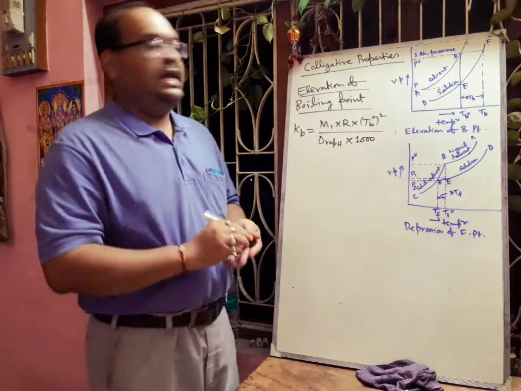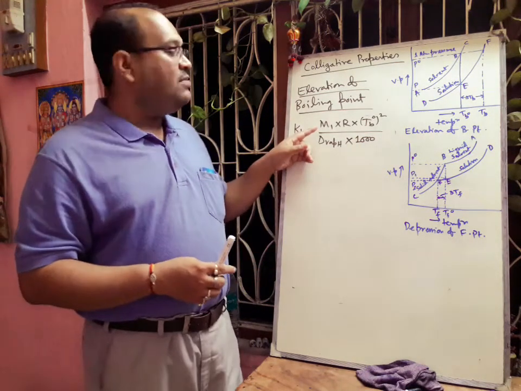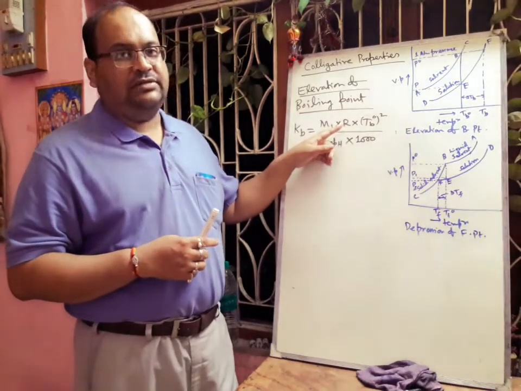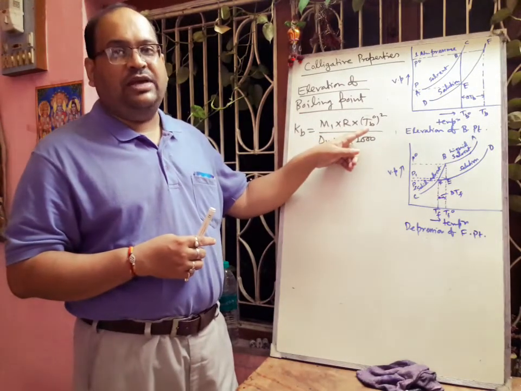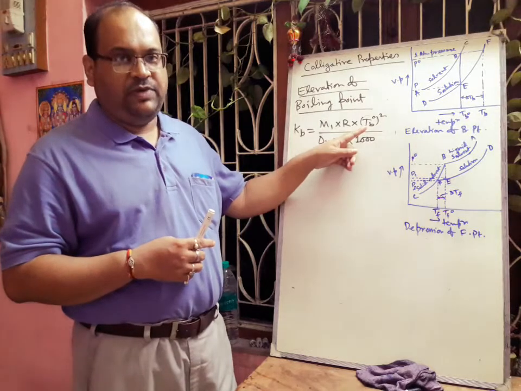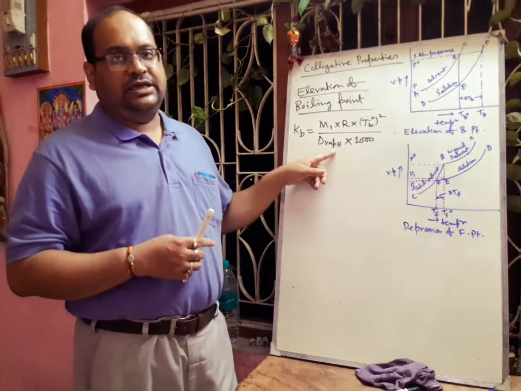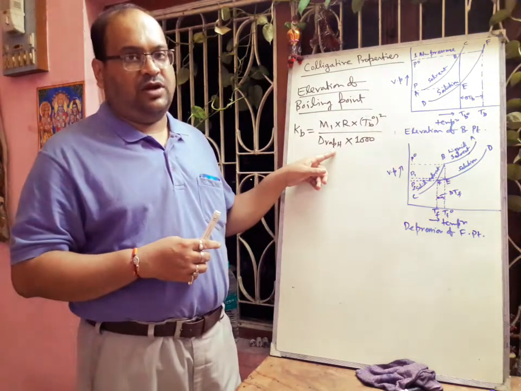Now here M1 is the molar mass of the solvent, R is the gas constant, TB0 is the boiling point of the pure solvent, and delta vaporization H is the molar enthalpy of vaporization of the solvent.